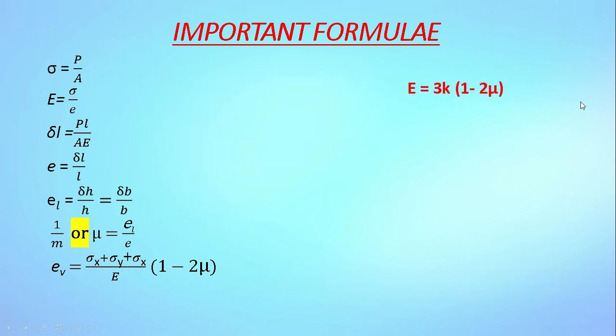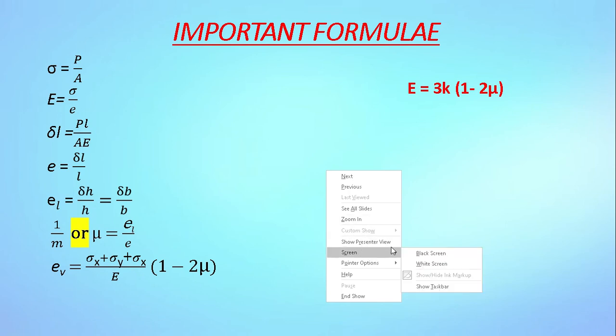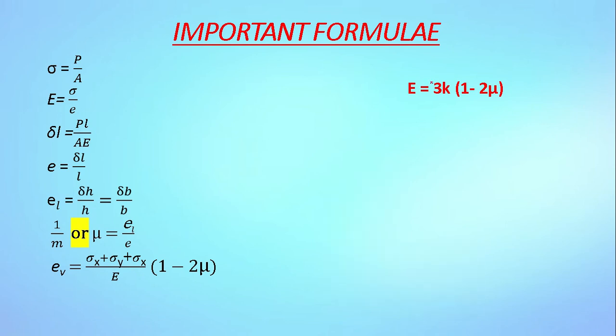Next formula, Young's modulus is equal to 3 times bulk modulus in bracket 1 minus 2 mu. Next formula is E equal to 2G into 1 plus mu. These two formulas are very important.